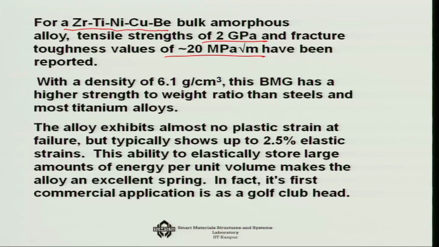The density is about 6.1 gram per cm cube, and this alloy exhibits almost no plastic strain at failure, but typically shows up to 2.5% elastic strain. Compare that with metals generally, where it is something like 0.1%. So, the elastic strain becoming 2.5% is a very high gain.